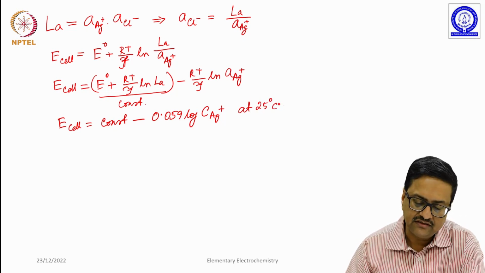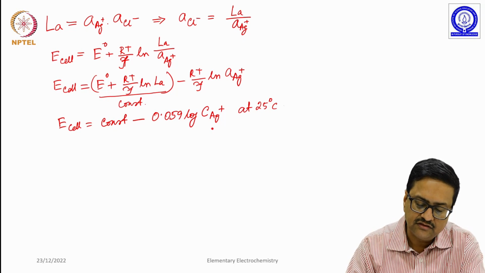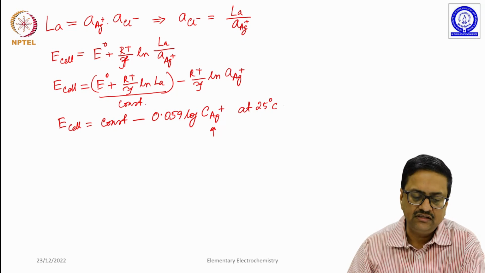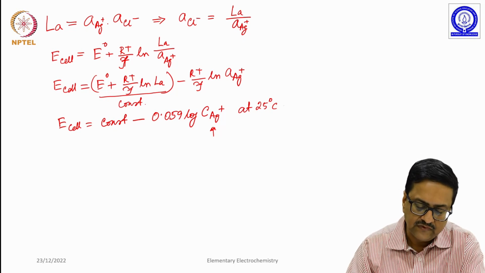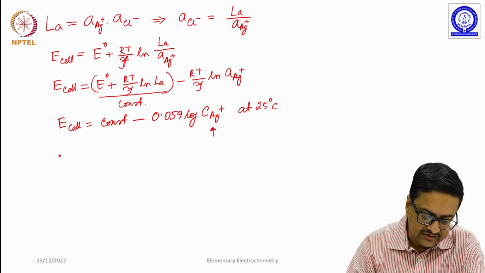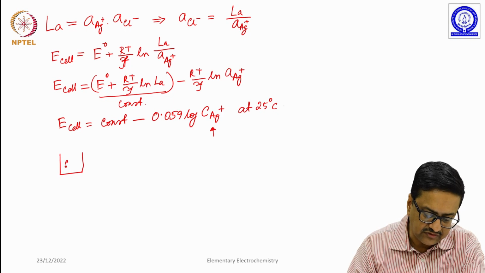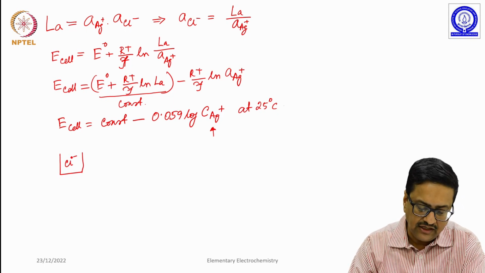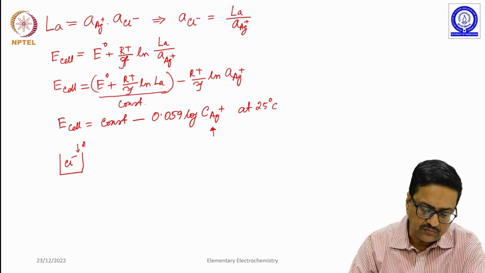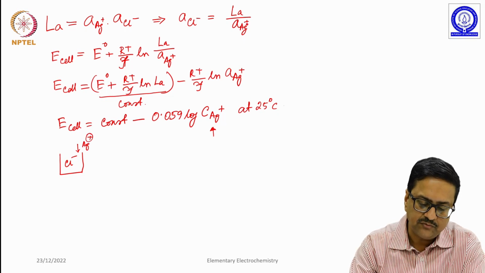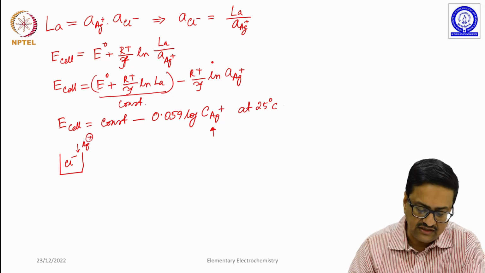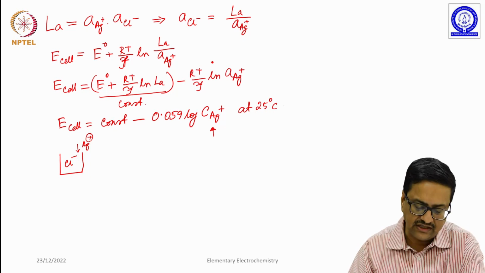So, what is happening is now with increasing value of silver plus, when the reaction is starting, you have in a solution a certain amount of Cl minus, and we are adding Ag plus to that and establishing that particular cell which I have written in the previous slide.